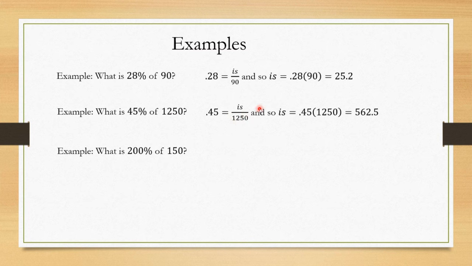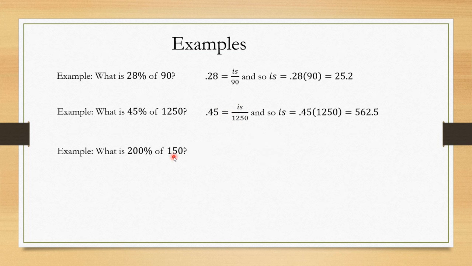The is is on top over here. That's our is. So because of that, we can solve for is, and that's what I'm doing here. I know the algebra I'm kind of skipping over, but hopefully you can see that you just cross multiply. At least I hope everyone can see that.